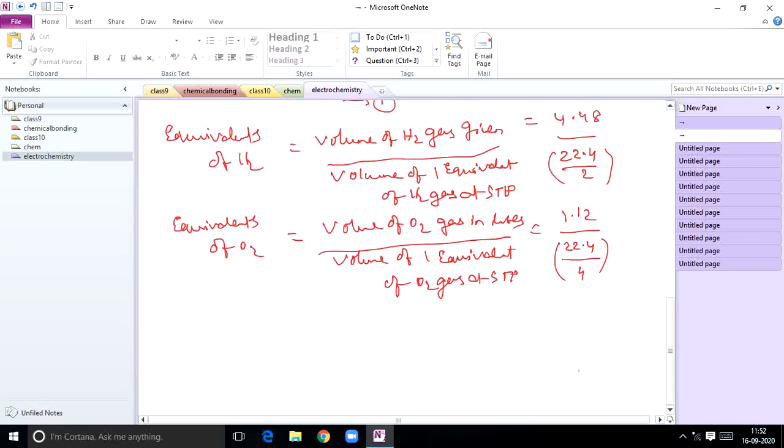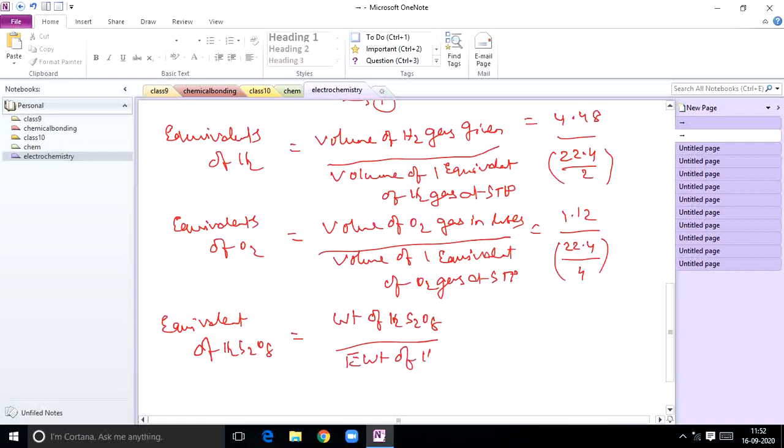Next, we will calculate the number of equivalents of H2S2O8. See, this is a stoichiometry example. Number of equivalents is equal to weight of H2S2O8 divided by gram equivalent weight, formula weight by gram equivalent weight.